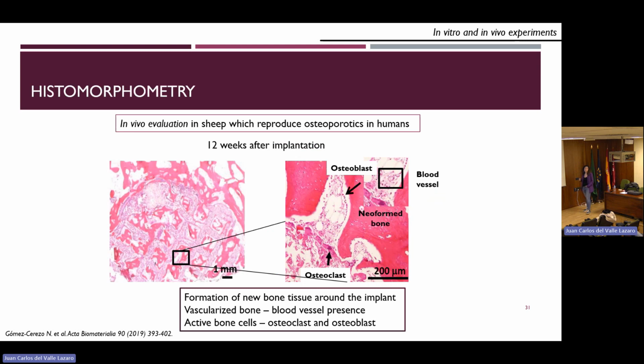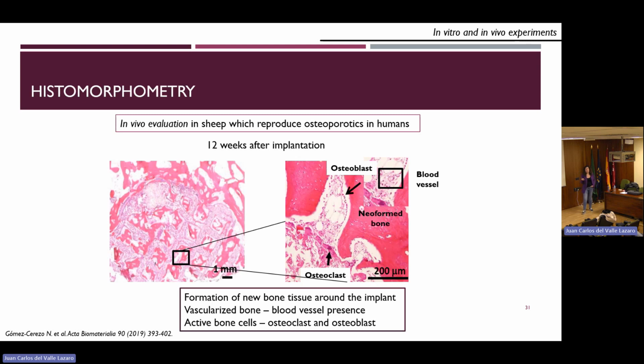And finally, we did some in vivo studies just to check how good those materials are, because our focus is to improve and regenerate the bone. We used a sick model, which is a big animal.